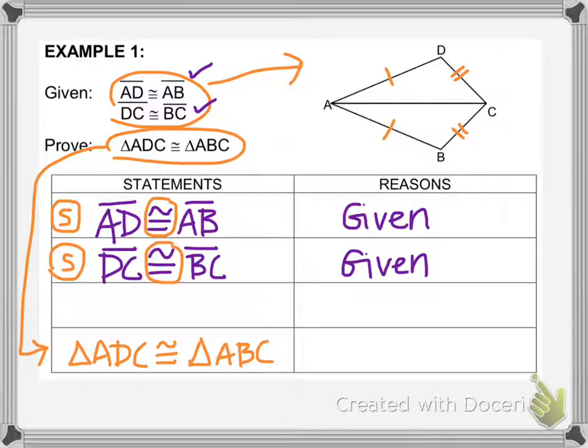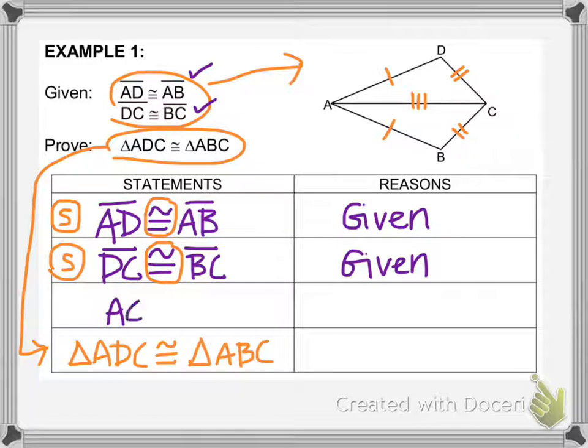If we look real carefully at our picture, I notice that both triangles share side AC. So side AC on the top triangle is congruent to side AC on the bottom triangle because they're the same side. Let's make that statement. Sometimes you'll pick a statement from your picture that's not part of your givens.